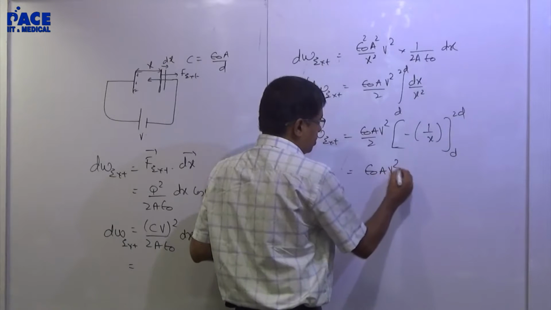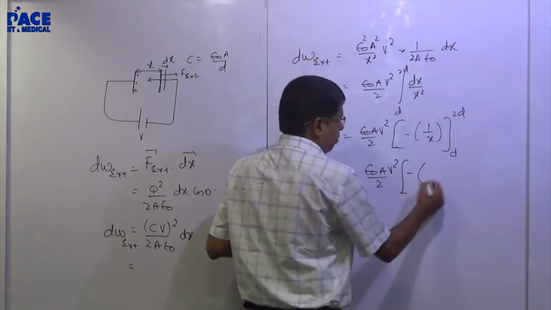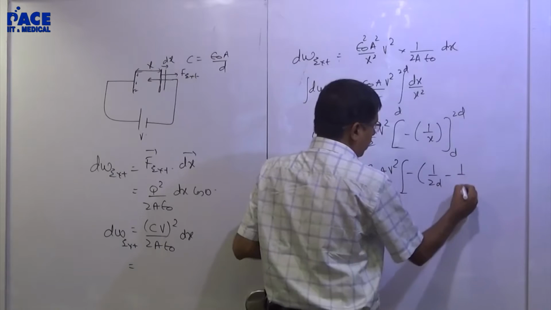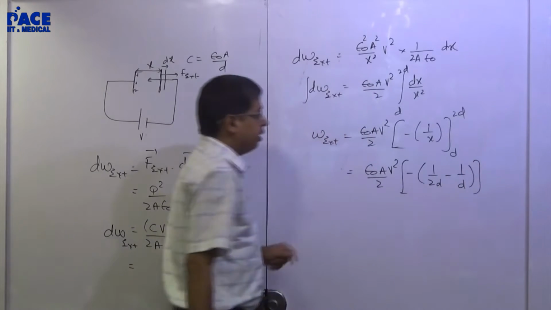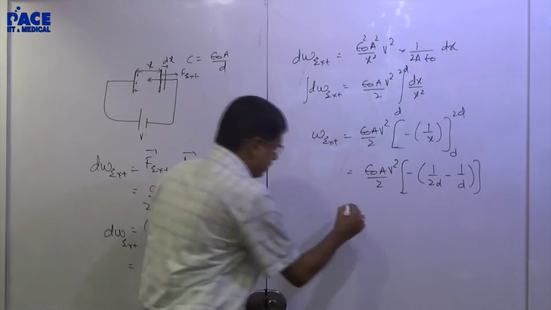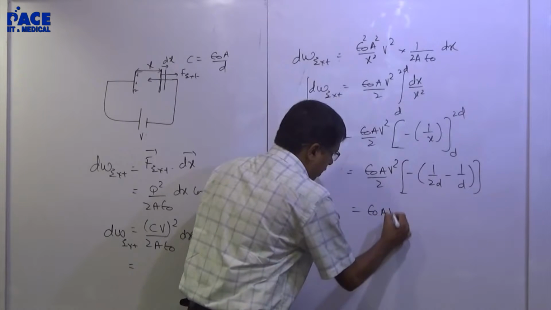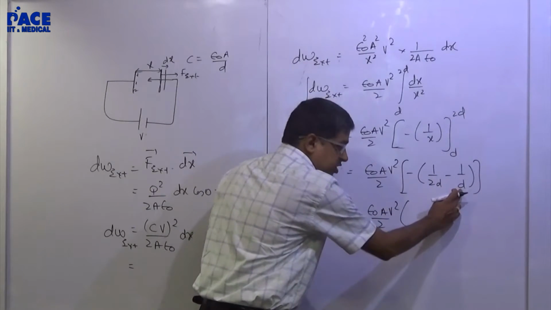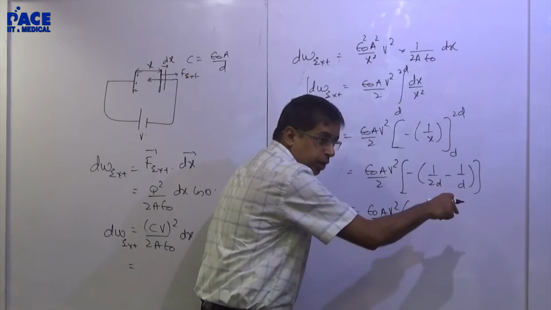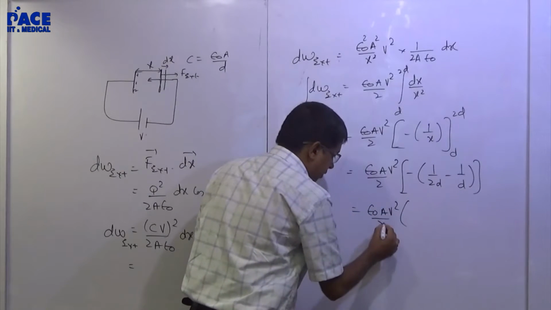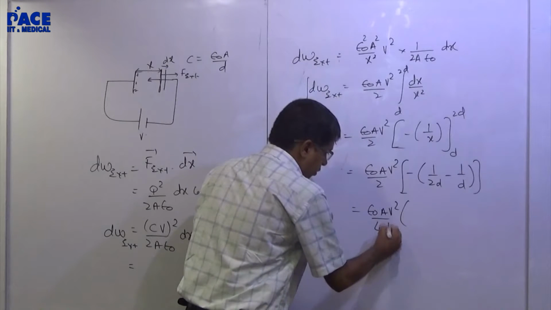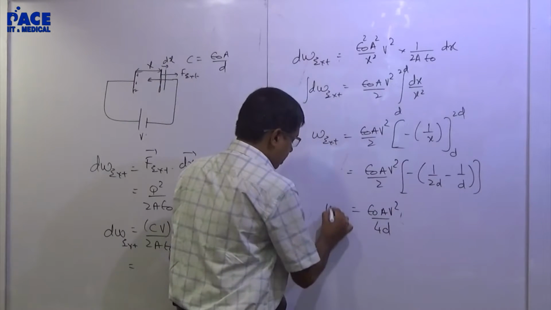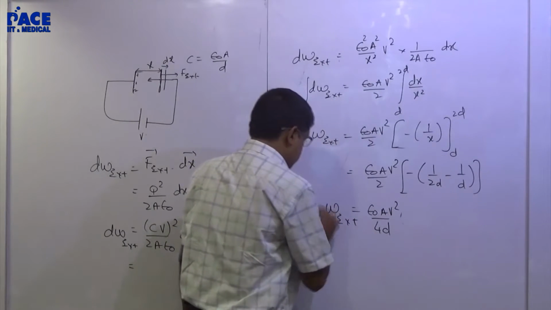Epsilon naught A V square by 2, minus 1 by 2d minus 1 by d. Hope the simplification is right. Epsilon naught A V square by 2, 1 by 2d minus 1 by d is minus 1 by 2d. Right? It will become positive. I think quite a few people got this answer correct.